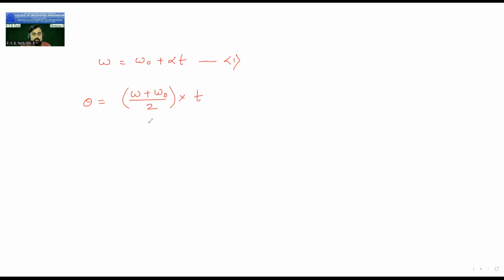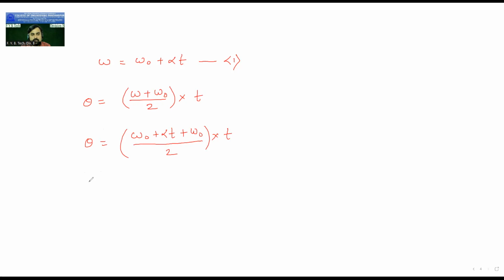Okay. So here if you put the value of omega over here, this value, what will you get? So theta is equal to omega naught plus alpha t plus omega 0 divided by 2, and here it is multiplied by t.